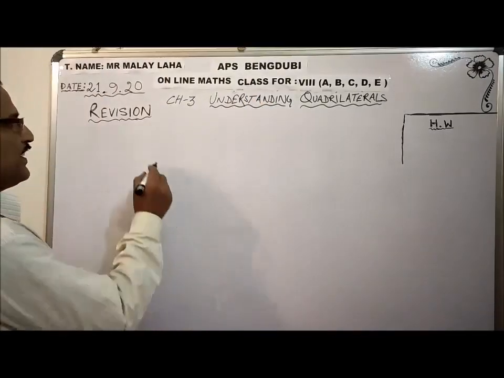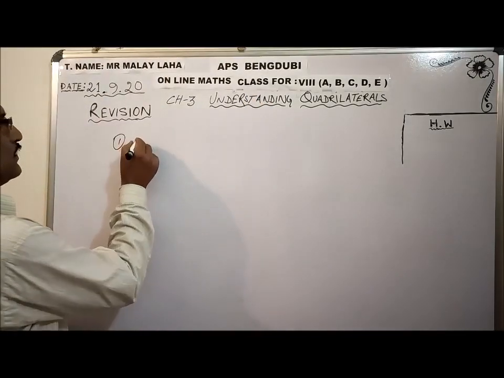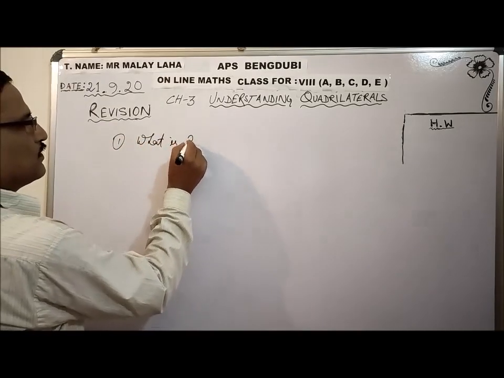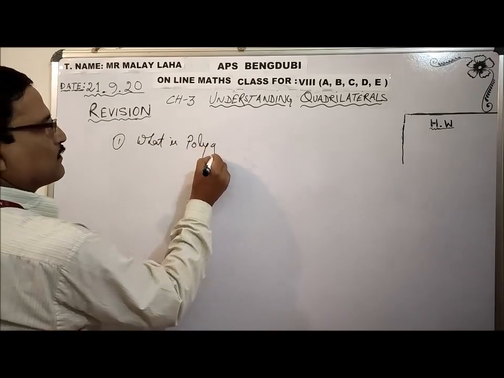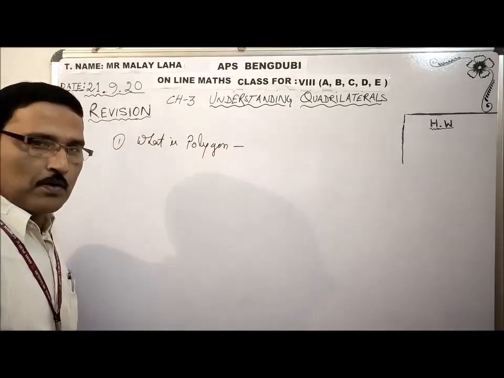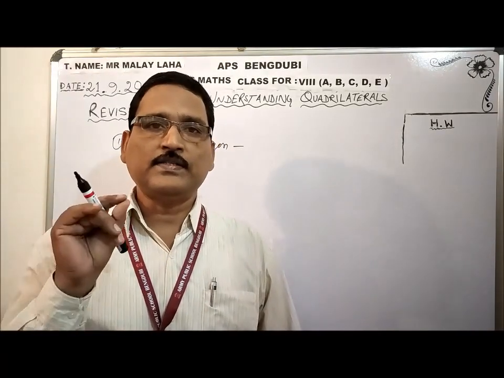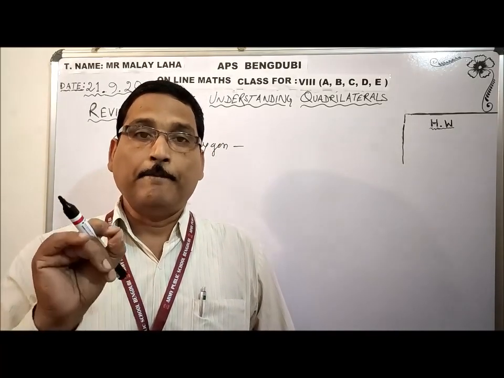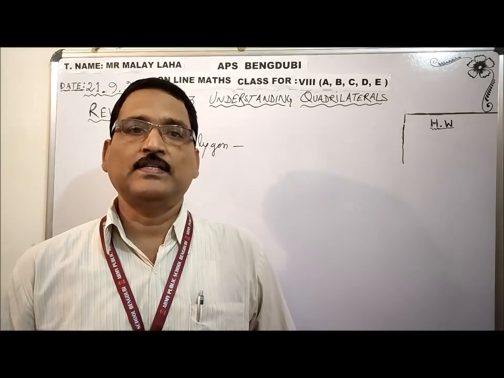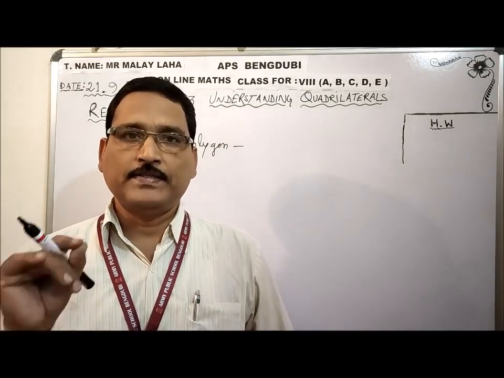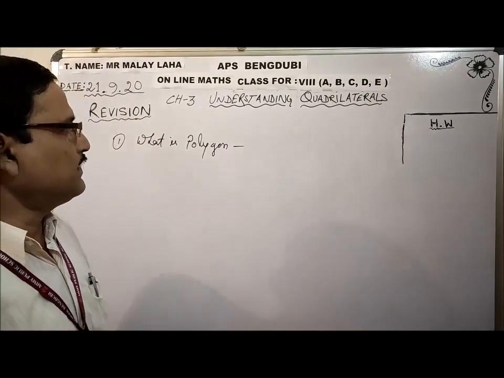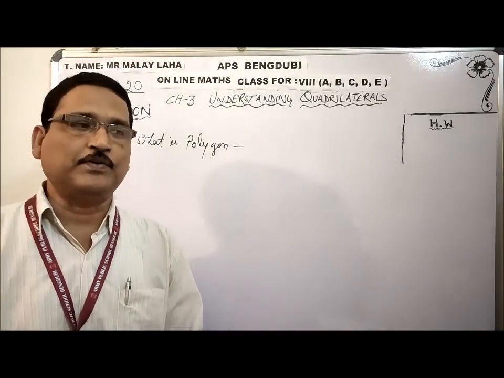First of all, what is polygon? We have to know. Polygon means what? A simple closed curved figure made by line segments is called polygon.